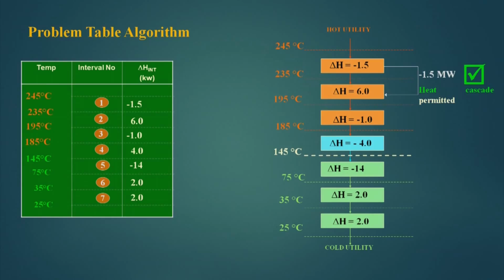Now, if I want to take out a heat which is delta H equal to minus 1.5, the minus sign shows a surplus amount. It can be taken to the next temperature interval, which is temperature interval number 2. This is permissible, because heat naturally will flow from a higher temperature to a lower temperature.